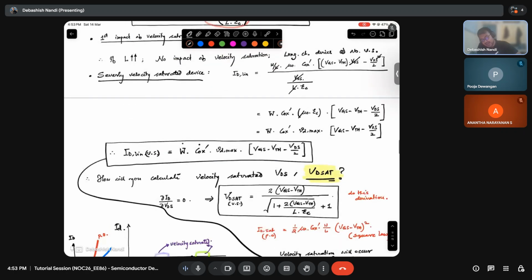That this ID sat does not depend on L. That means you do not have any more leverage of reducing channel length, right? By reducing channel length, you cannot increase the current if your device is velocity saturated. Is that clear? This is another consequence of the velocity saturation.